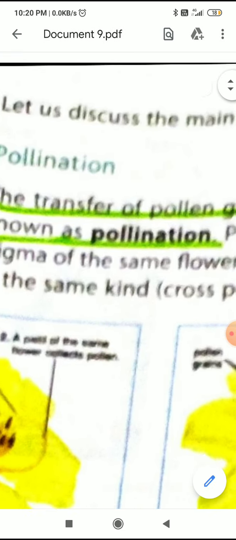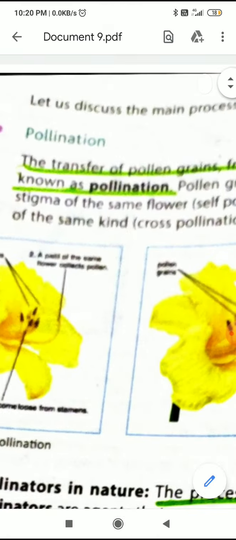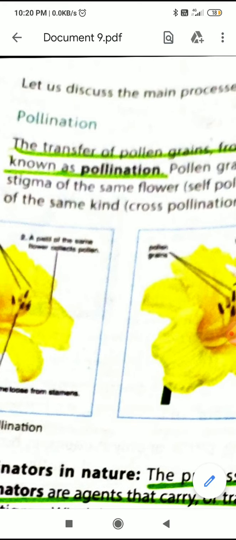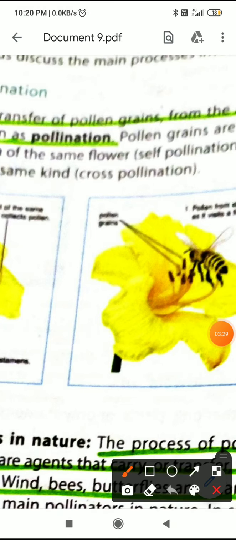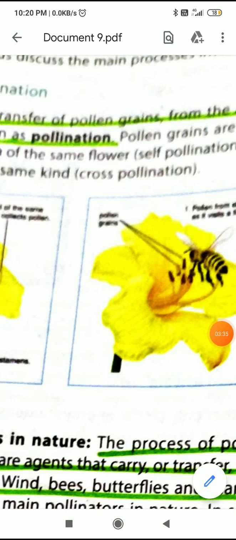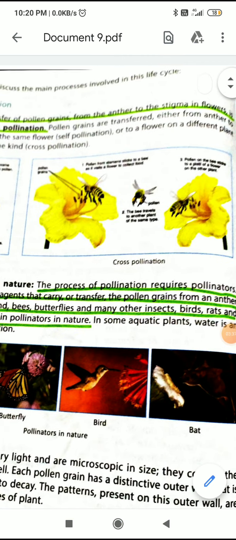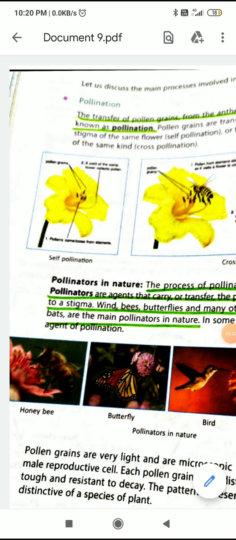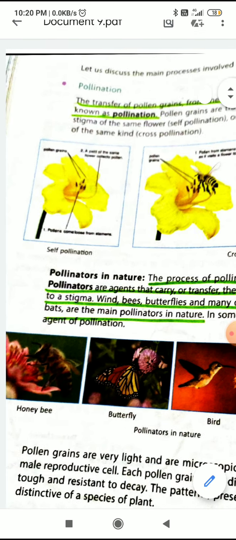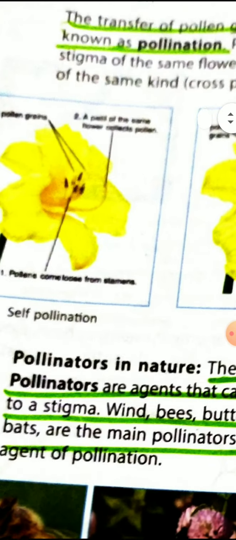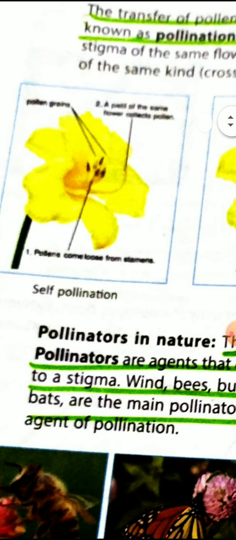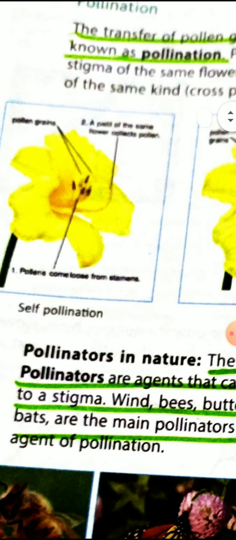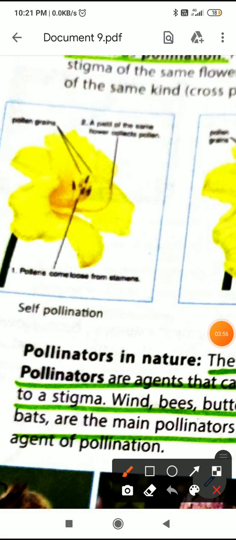What is the topic? Pollination. What is pollination? The transfer of pollen grains from anther to the stigma in the flower is known as pollination. And this picture is in your book. You see here two columns. First is self pollination.